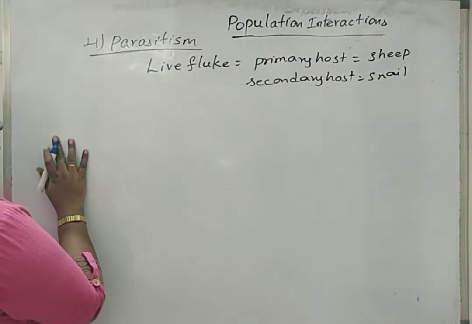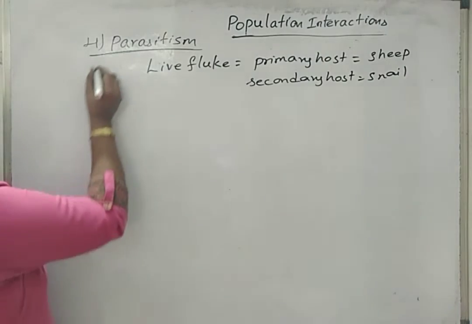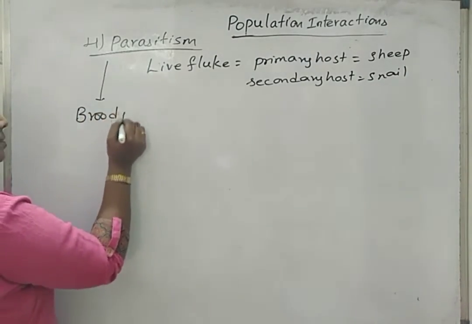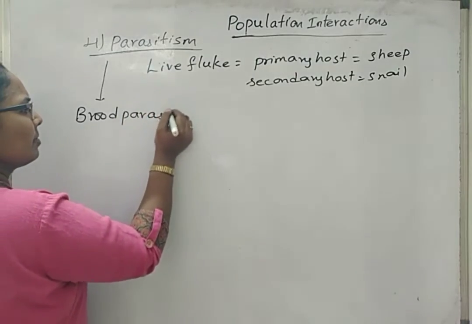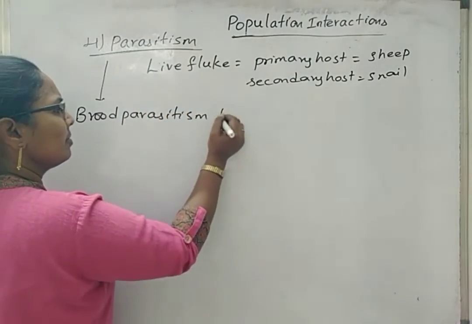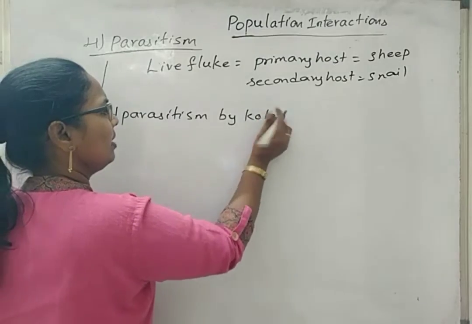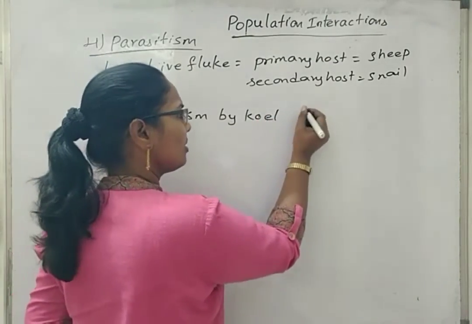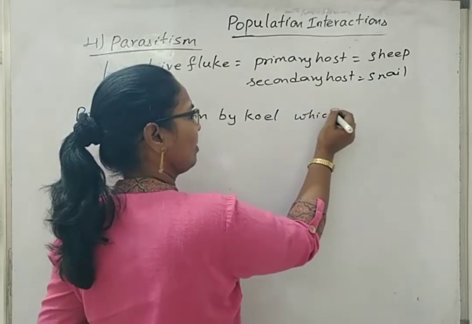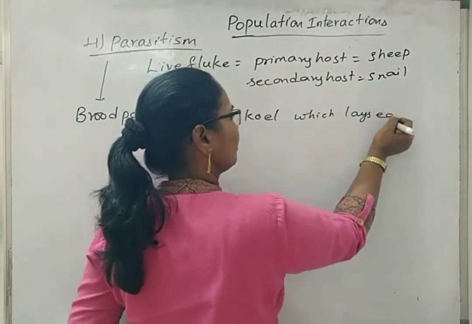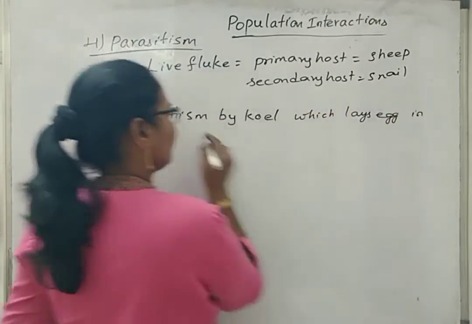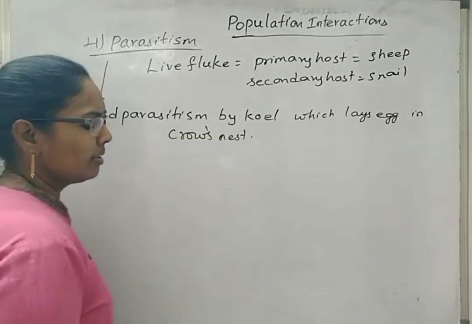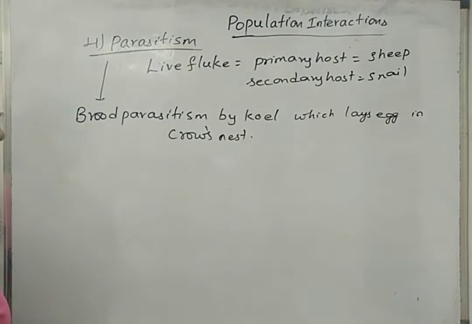There is another type of parasitism exhibited by the cuckoo, called brood parasitism, where it lays eggs in a crow's nest. This is called brood parasitism.